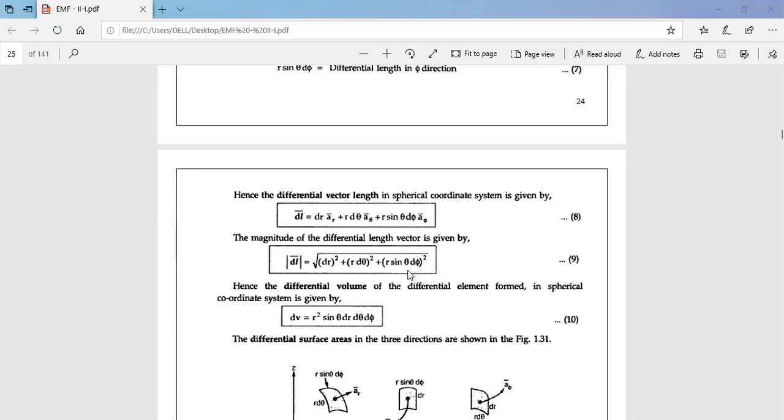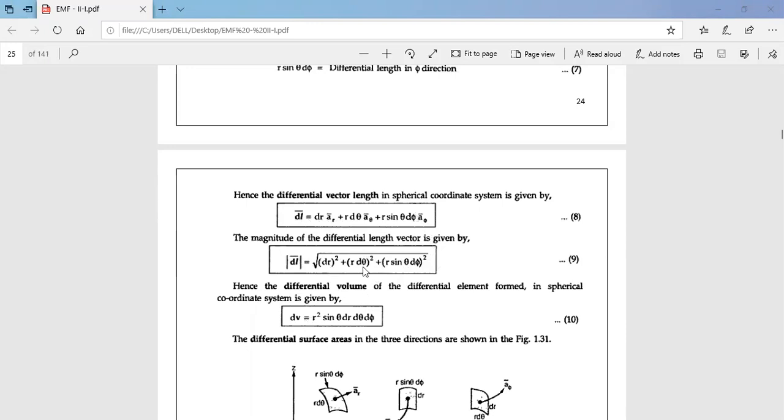So again, the absolute value of the differential length, your x times your y times your z square root, differential length: dr ar, r d theta a theta, r sine theta d phi a phi.